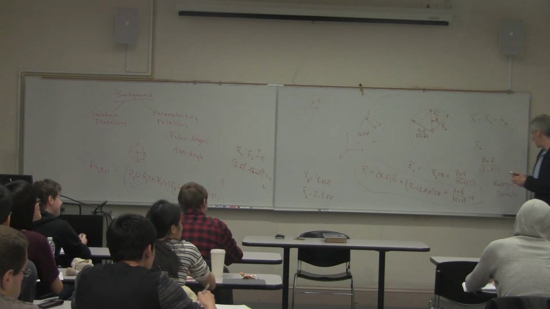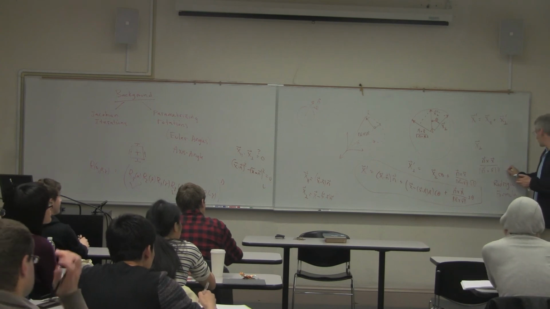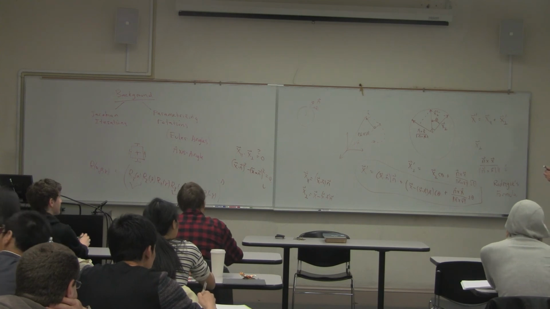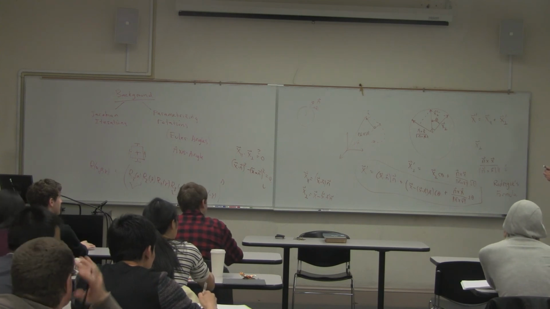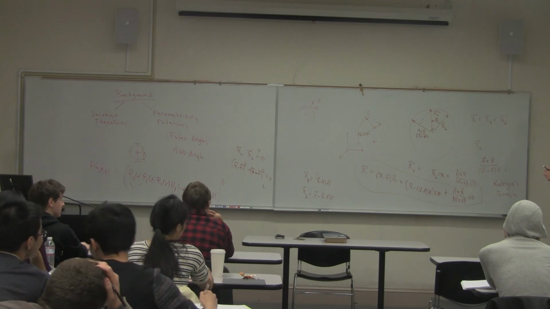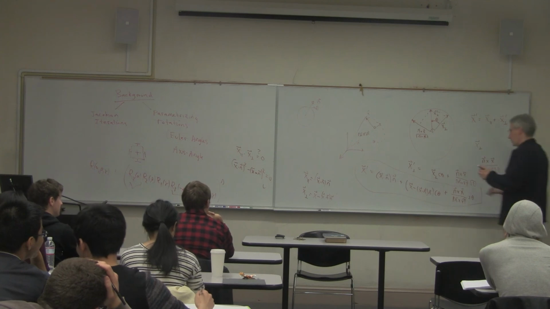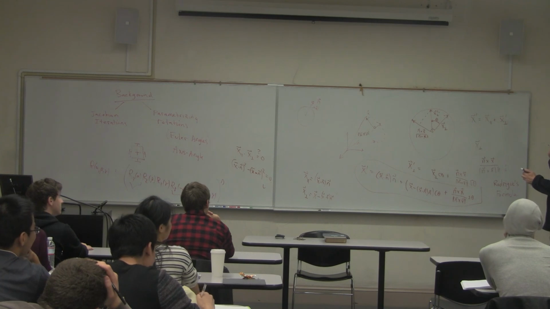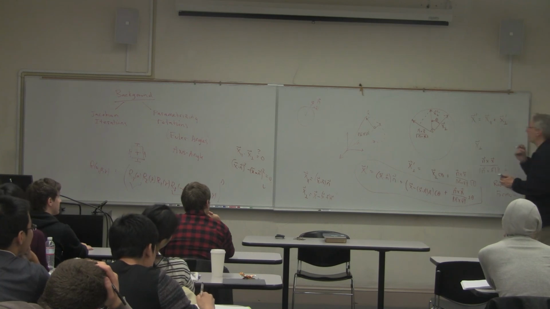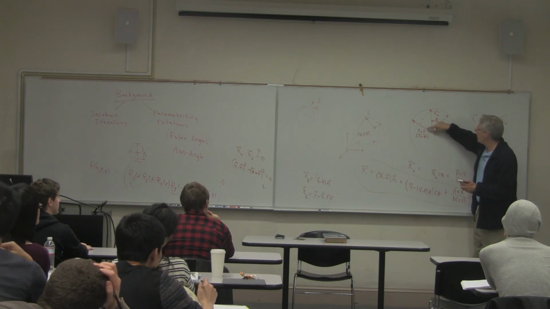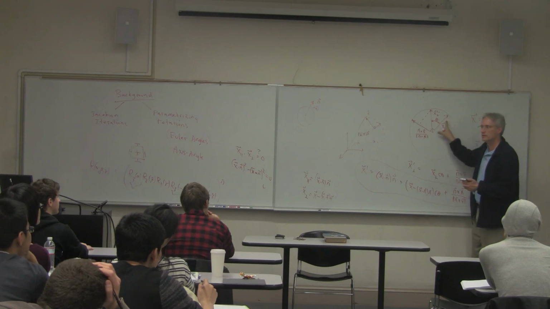Is this equal? Let's see here. I think this is all okay, but this normalization over here, maybe I didn't need. No, I didn't need to do that. Because this is the unit vector, but that unit vector has to have the same length as this vector over here.